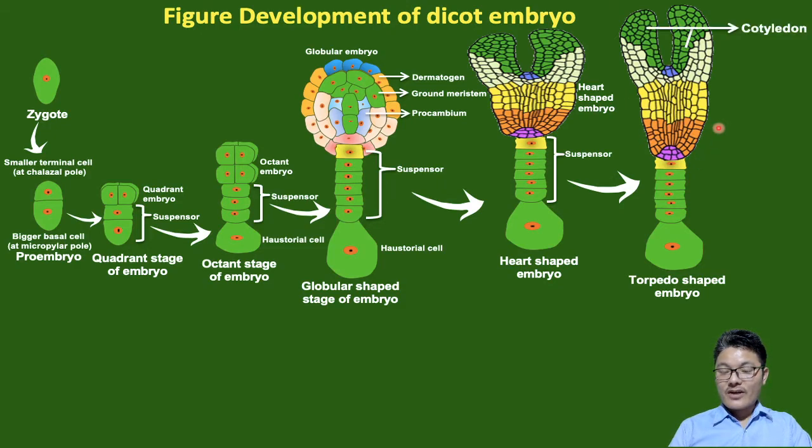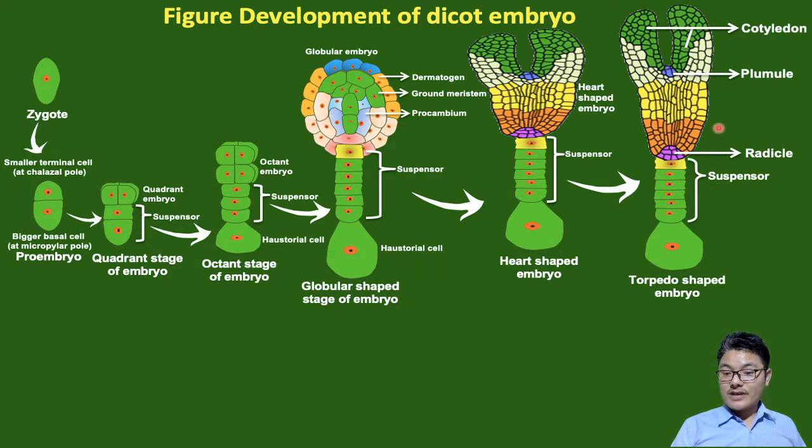At the stage of the torpedo-shaped embryo, we are able to observe the different regions: cotyledons, plumule, radicle, and the suspensor cell.